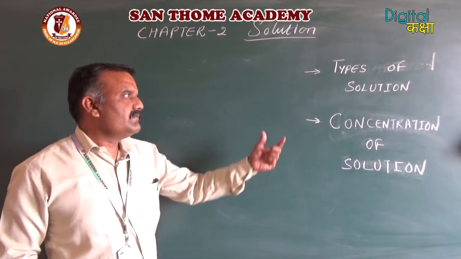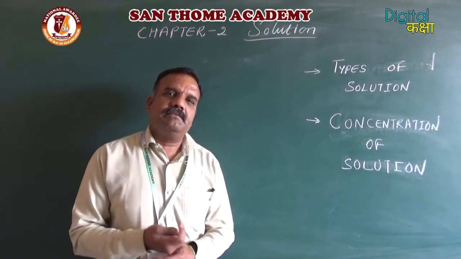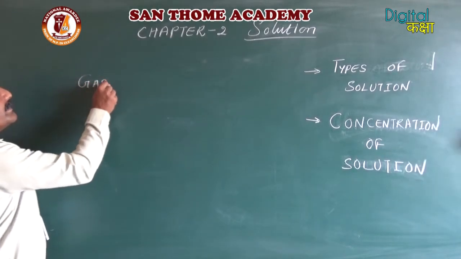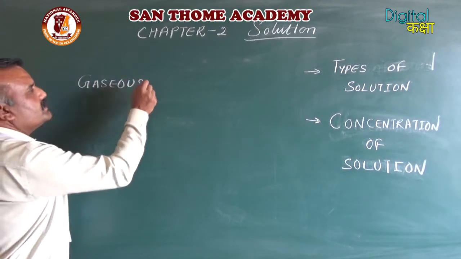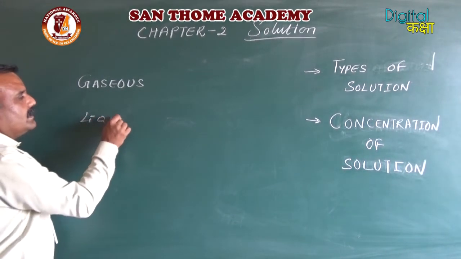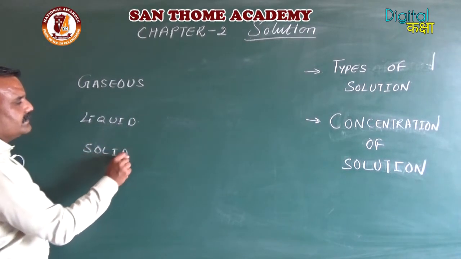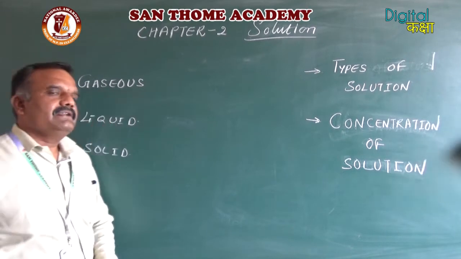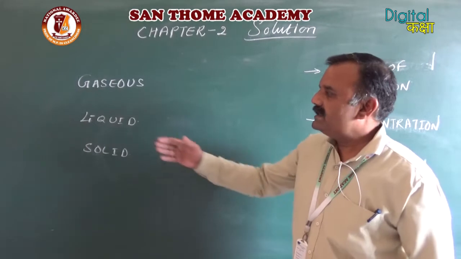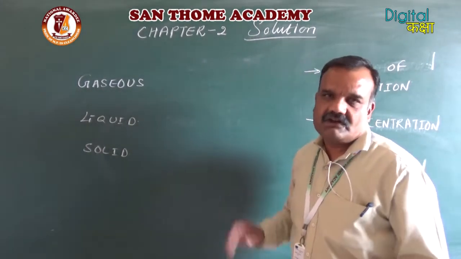Depending upon the nature of the solvent, which can be solid, liquid, or gas, solutions are of three types: gaseous solution, liquid solution, and solid solution. In a gaseous solution, the solvent is gas. In a liquid solution, the solvent is liquid, and in a solid solution, the solvent is solid.